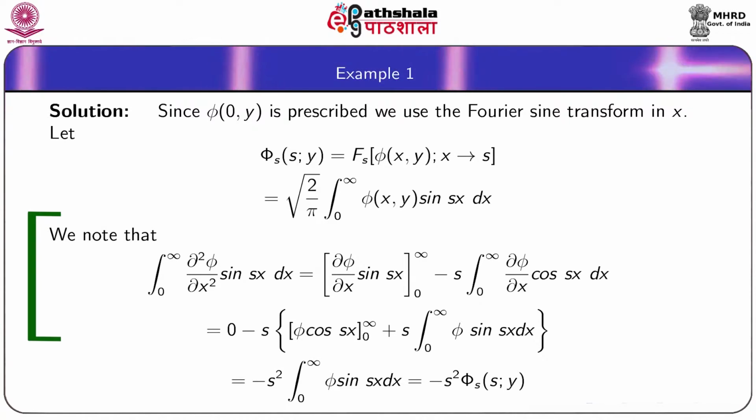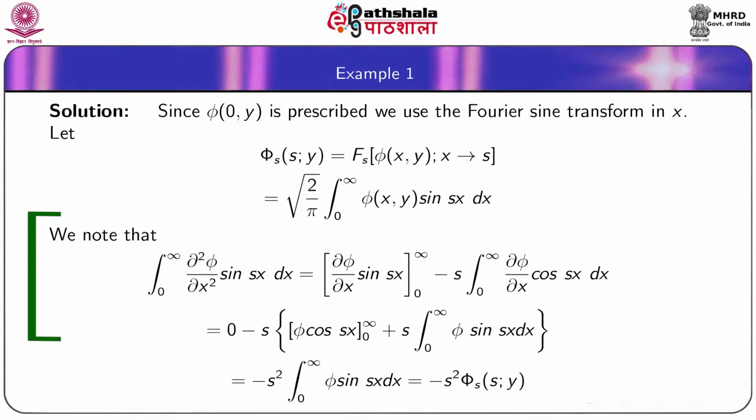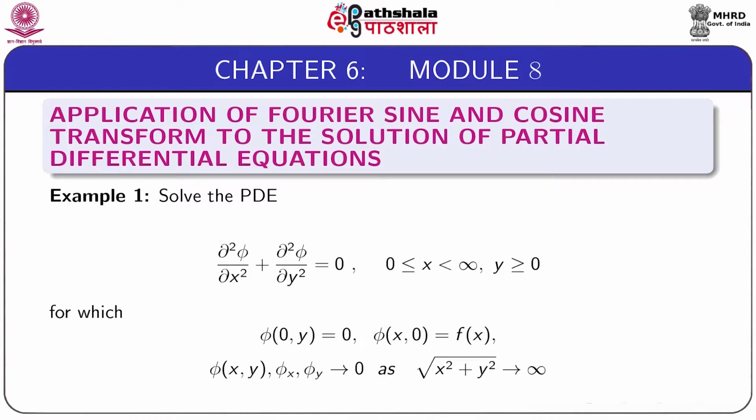At this point I may mention that if we had used Fourier cosine transform, then this term would have been del phi del x into cos sx. At x equal to infinity, del phi del x would have been 0, but at x equal to 0, cos sx would have been 1 and del phi del x at x equal to 0 is an unknown function, which is not given in our boundary condition.